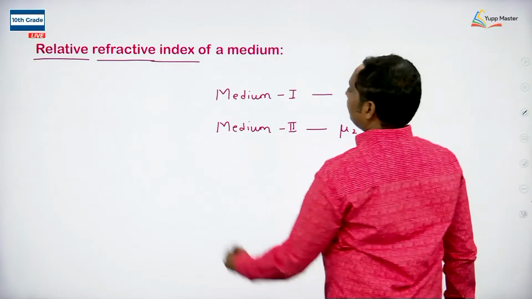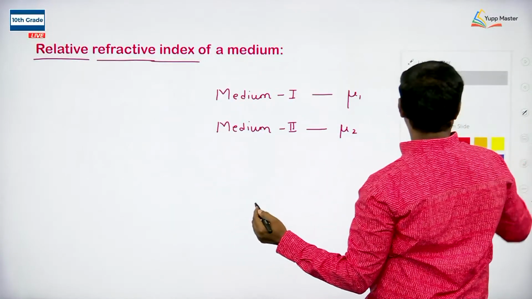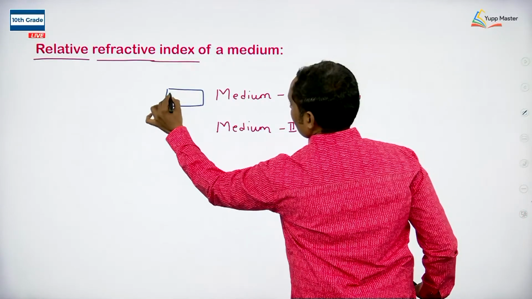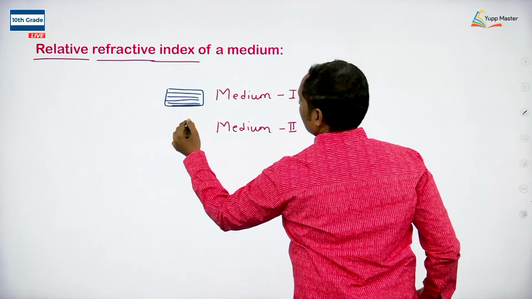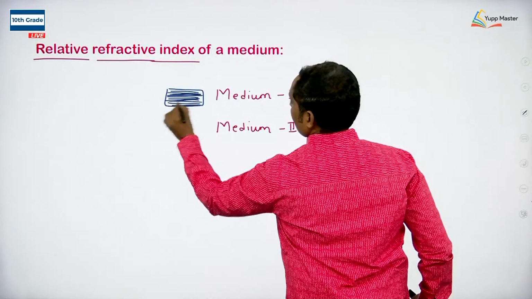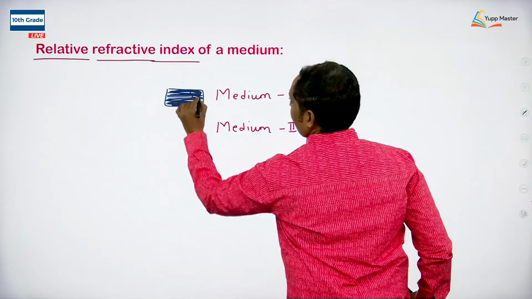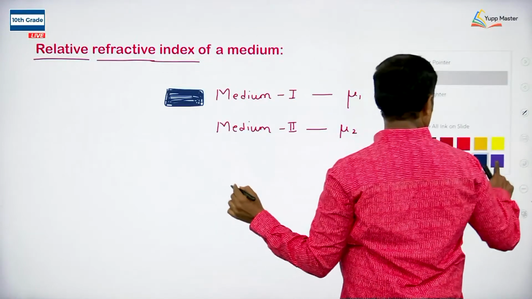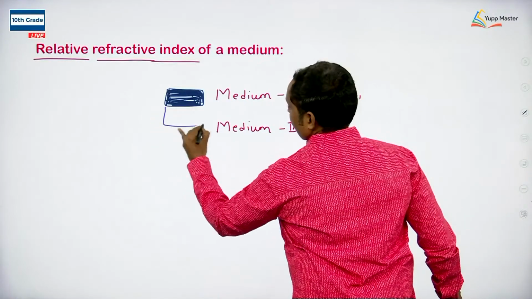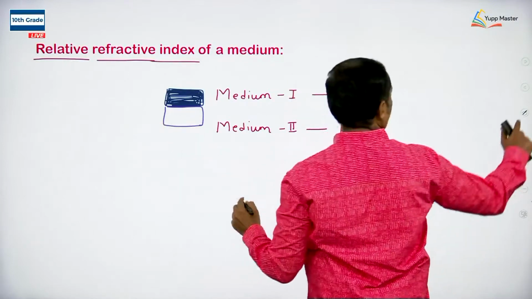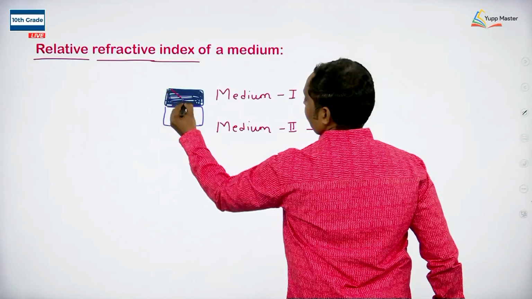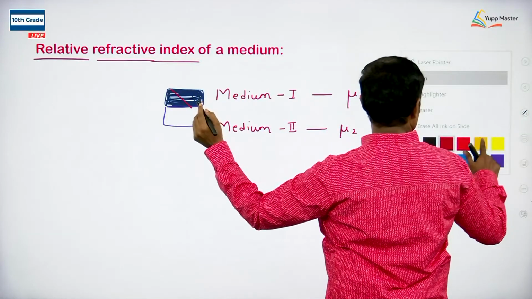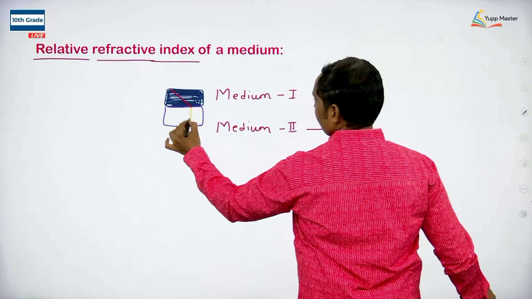When light enters from one medium to another medium, this is also one medium. The light rays are going to enter from one medium to another medium.